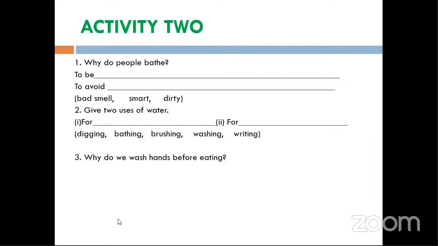Divine, why do you wash your hands before eating? Why do we wash hands before eating? The question is there. Be healthy.